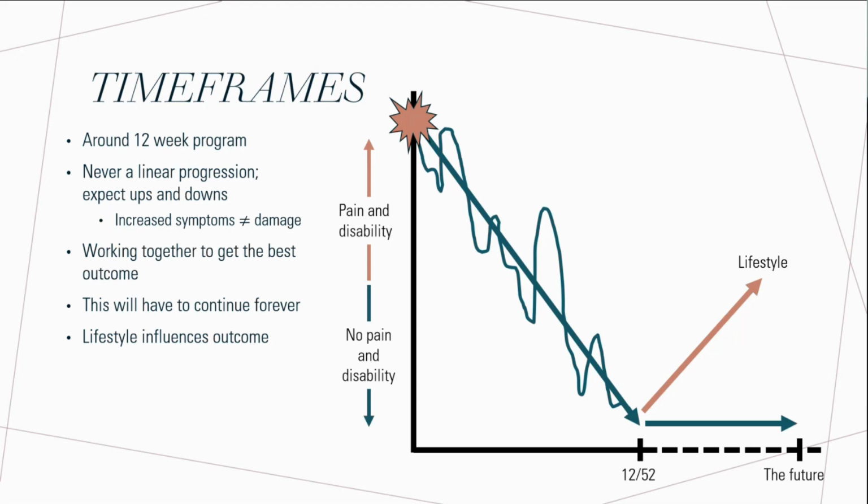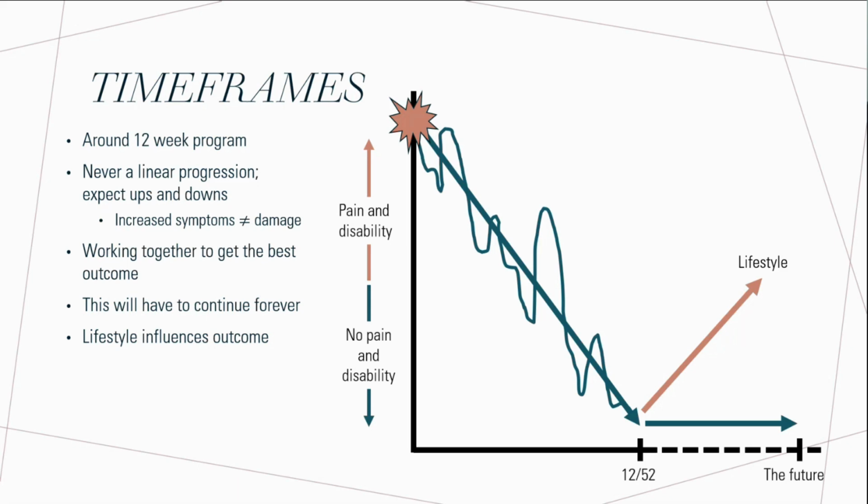Everybody always asks too, how long do I need to be doing the exercises for? Well, short answer is try to do them forever. They don't necessarily need to be the same exercises that we've given you, but you need to be doing some kind of physical activity on a regular basis in order to maintain the improvements that we've achieved.